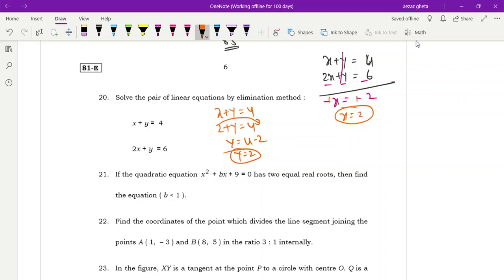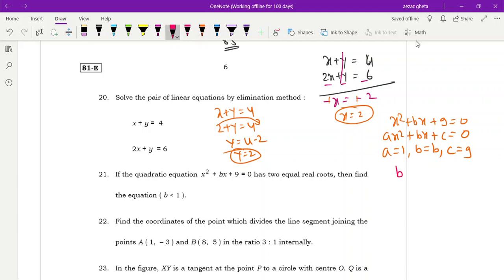Quadratic equation x square plus bx plus 9 has two equal roots. So you know that this is x square plus bx plus 9 is equal to 0, compared with ax square plus bx plus c is equal to 0. a is 1, b is b only, c is 9.